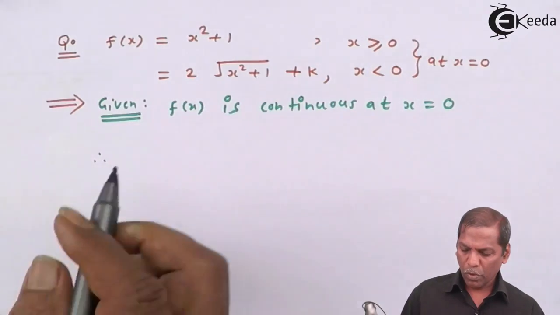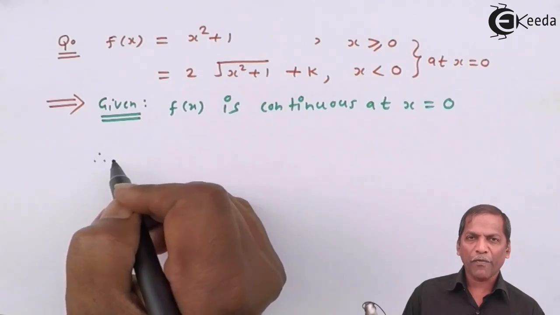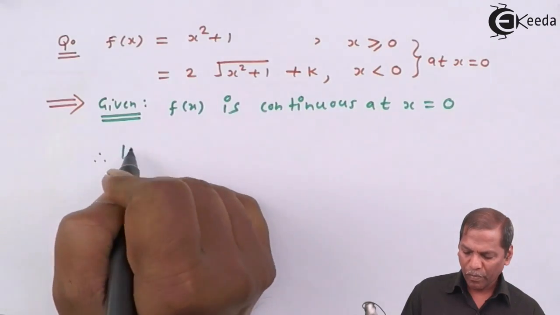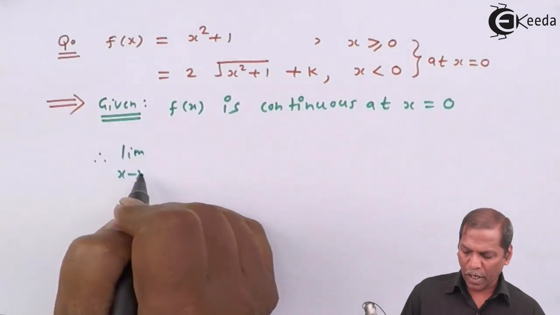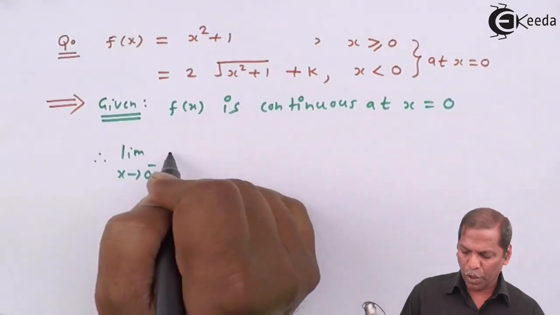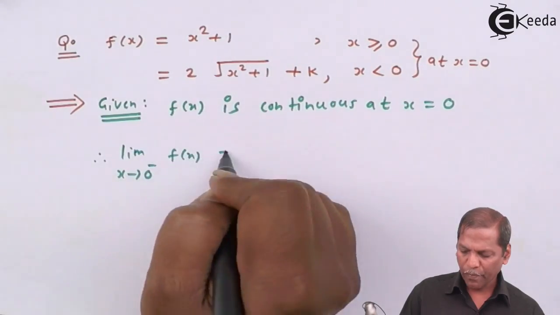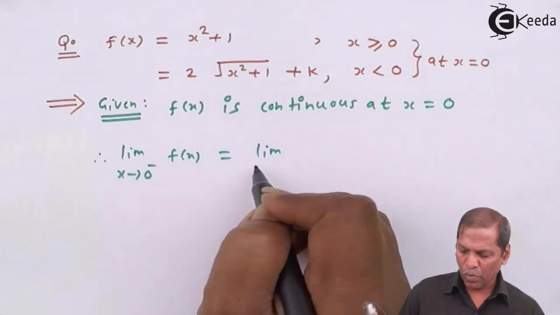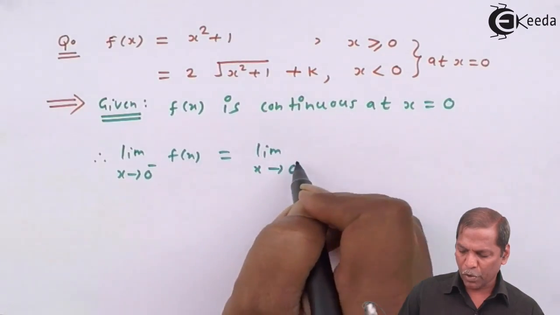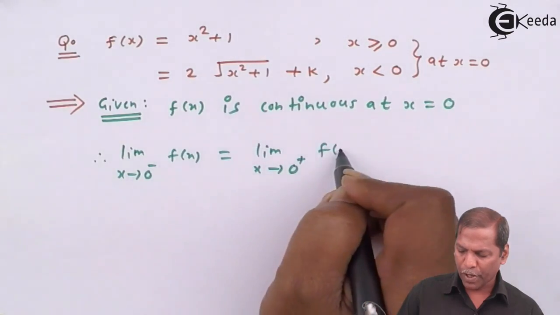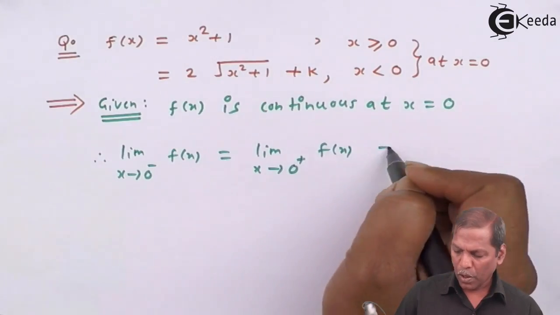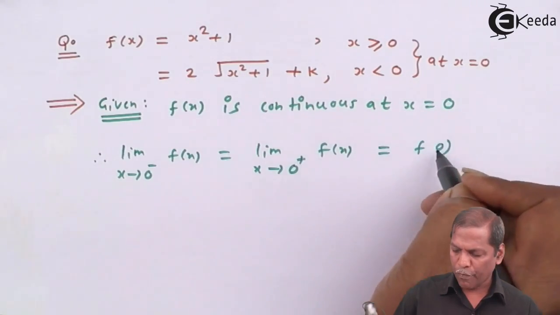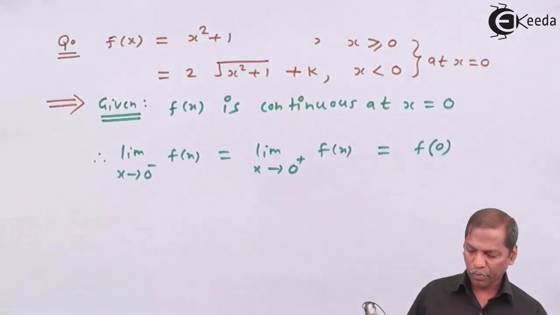Therefore, by using the second definition of limit, I can write limit x tends to 0 minus f of x is equal to limit x tends to 0 plus f of x is equal to f of 0.